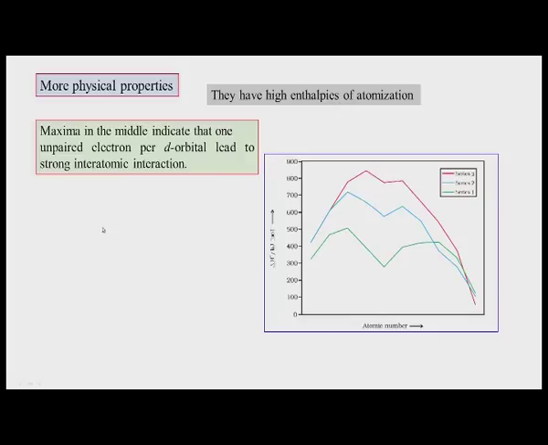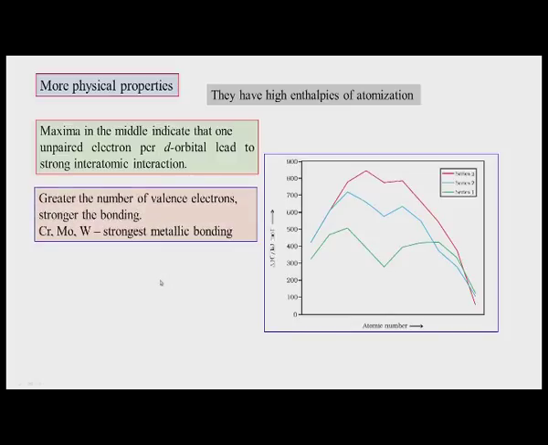So, the enthalpy of atomization is also increasing in order by going from left to right, and the maximum in the middle indicates that 1 unpaired electron per d orbital is important.